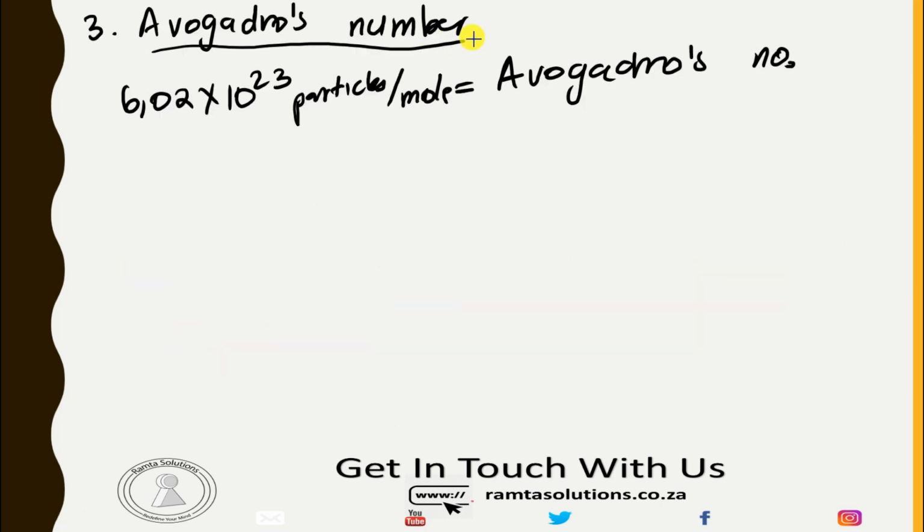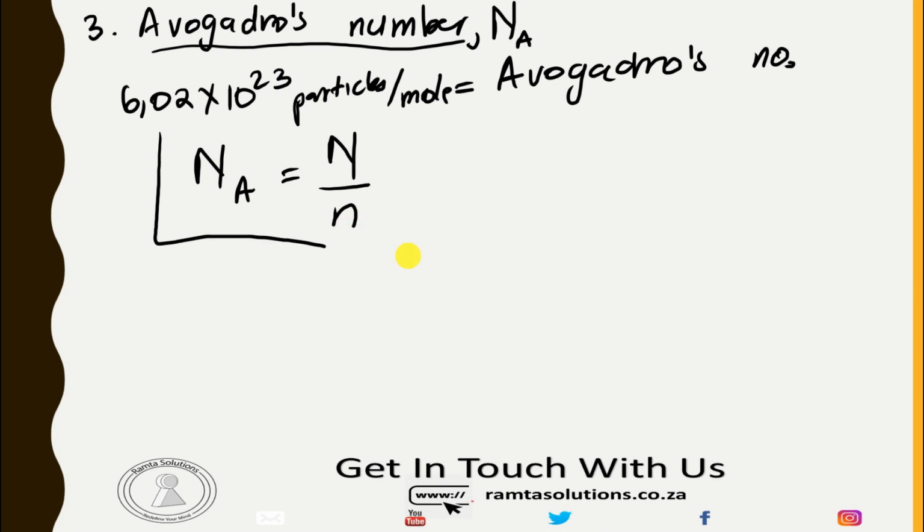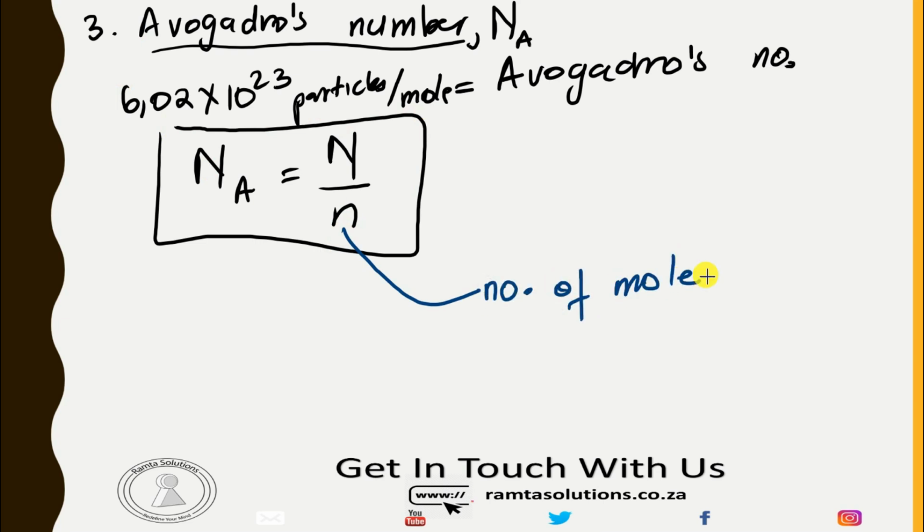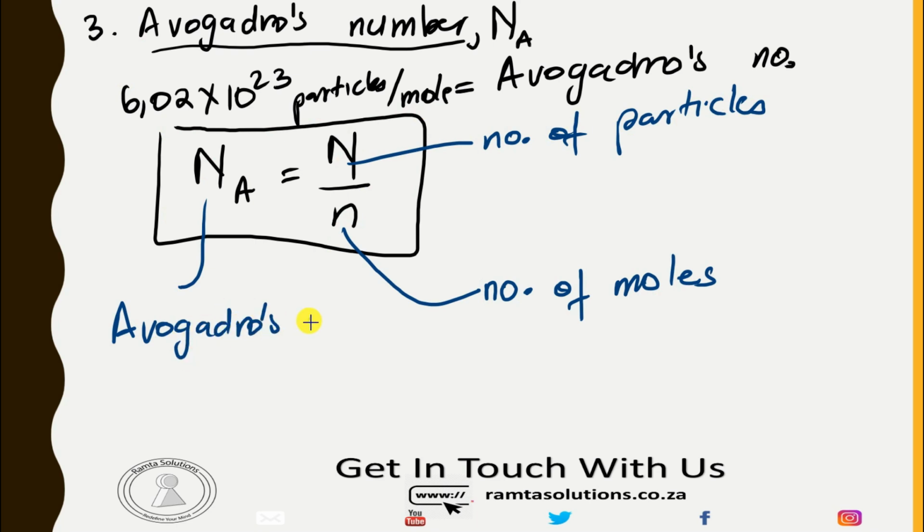When we talk of Avogadro's number, we represent it with a capital letter N and a subscript A. In other words, Avogadro's number is number of particles per mole, so it has the formula N over n. Recall, n is the number of moles, N is the number of particles, and this N_A is your Avogadro's number. Your Avogadro number is a constant.